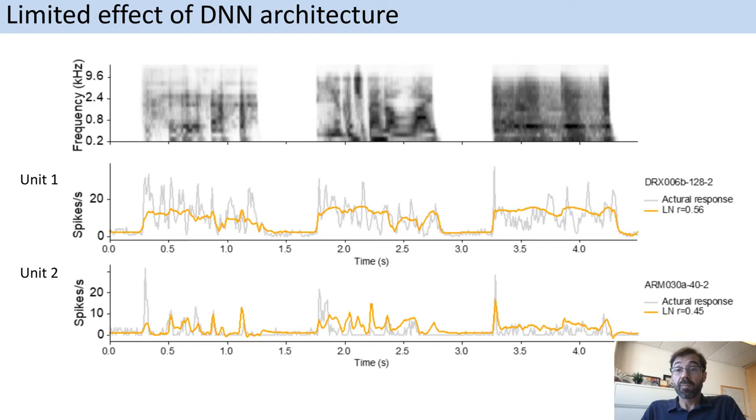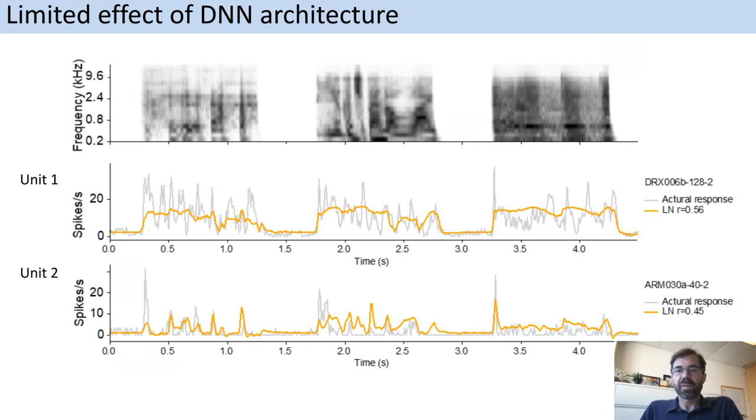One thing that I mentioned was striking about this was that the performance of the different DNN architectures was actually quite similar. So here are two more example neurons, again plotted with the stimulus spectrogram at the top and the simultaneous activity of the recorded neuron in the two panels at the bottom. Gray shows the actual PSTH, and the performance of the LN model is shown in orange.